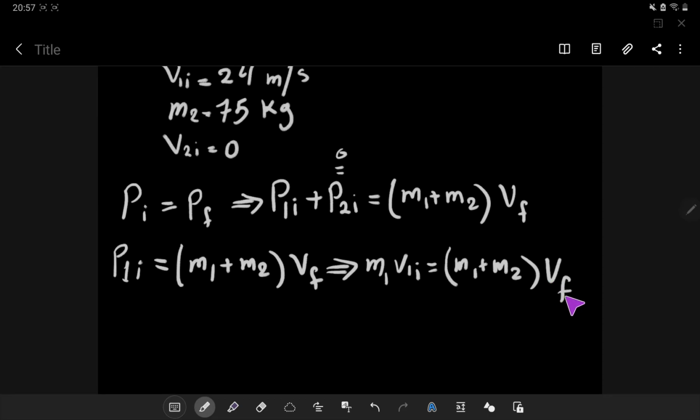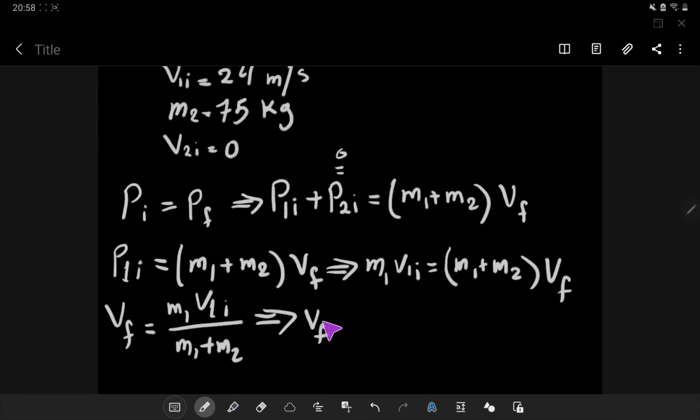We need to calculate V final, so by multiplying the two sides by M1 plus M2, our equation will be V final equal to M1 V1 initial over M1 plus M2.